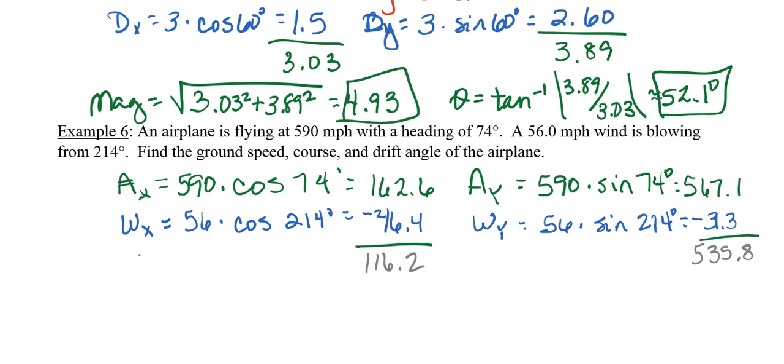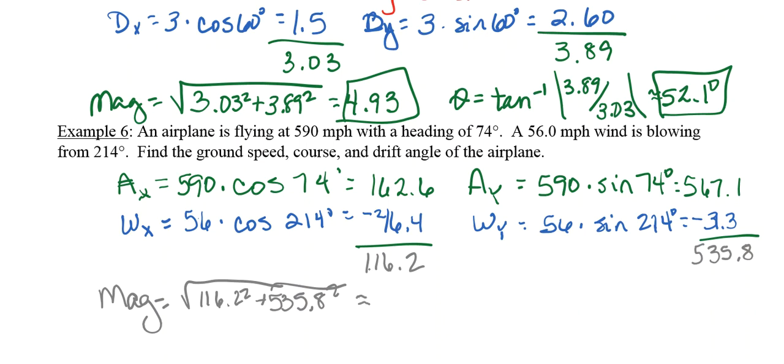Okay, so what we're going to do now is think about what's going on. We're going to go ahead and find the ground speed. So we're going to find the magnitude. So the square root of 116.2 squared plus 535.8 squared, square root that.